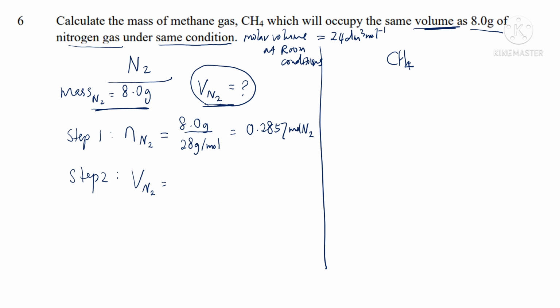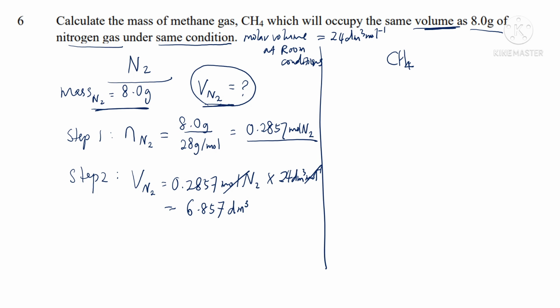To find the volume of nitrogen gas at room condition, we use the formula number of moles equals volume of gas divided by molar volume. So we use the number of moles of nitrogen gas multiplied by the molar volume. Mole and per mole cancel out to give us the volume of nitrogen gas, which is 6.857 dm cubed.